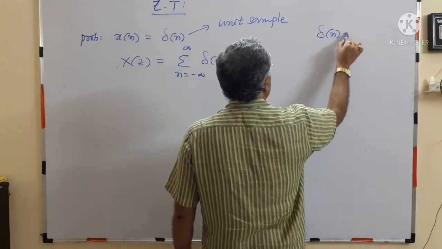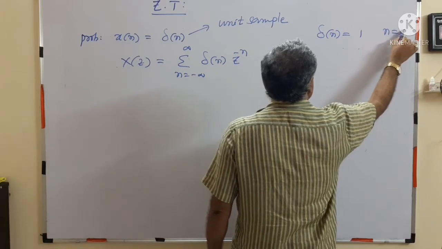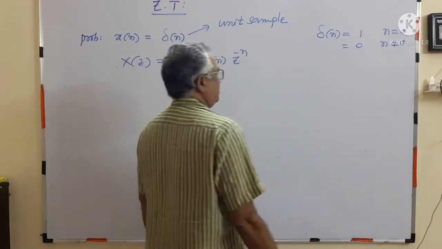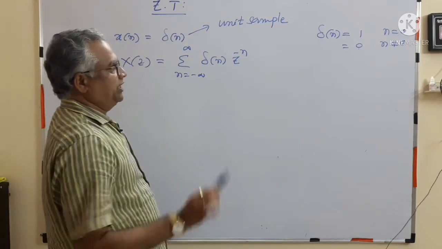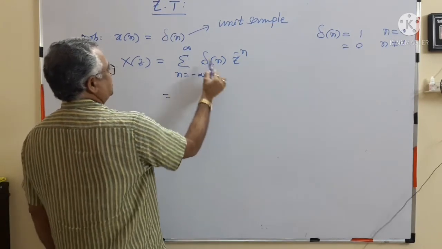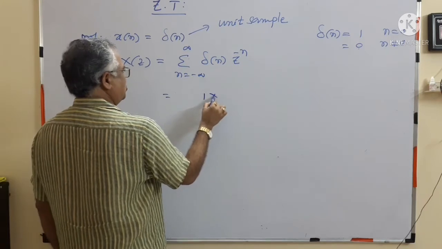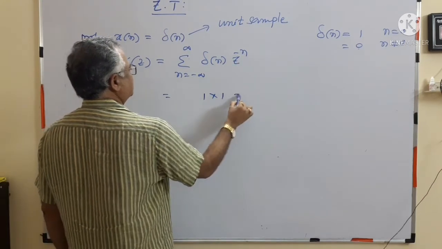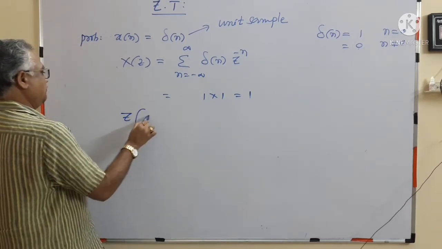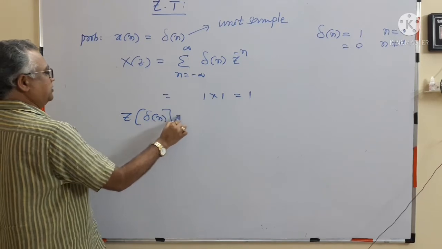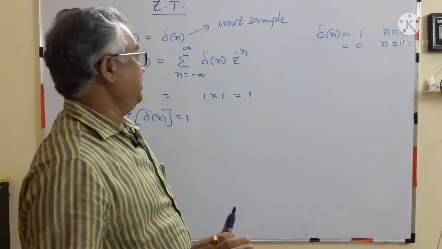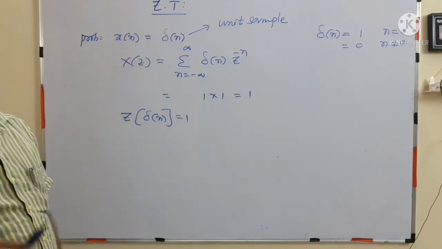Delta of n equal to 1 for n equal to 0, and equal to 0 for n not equal to 0. So its value is 1 only at n equal to 0. Therefore at n equal to 0 in the expansion you get 1 into z power 0, which is 1. So what is the answer? 1. Therefore the z transform of delta of n is 1. ROC is the entire z plane.